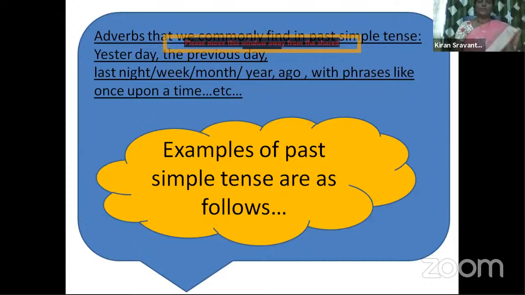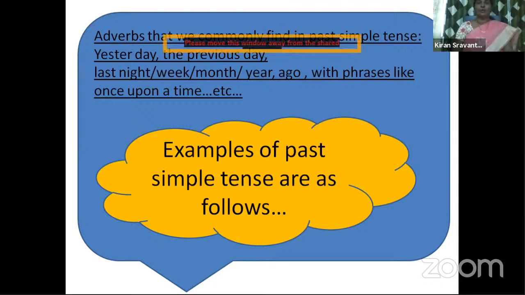And coming to the adverbs, for any sentence, we look for some clue. So how to identify in the final examination that a sentence belongs to past simple tense? Adverbs that we commonly find in the past simple tense are yesterday, the previous day, last night, last week, last month, last year, and ago, like a month ago, a week ago. We also begin some sentences with once upon a time.